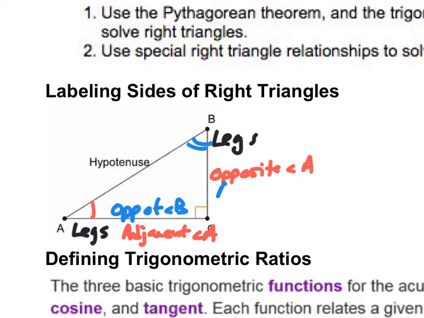Adjacent means next to, so it's adjacent to angle B.